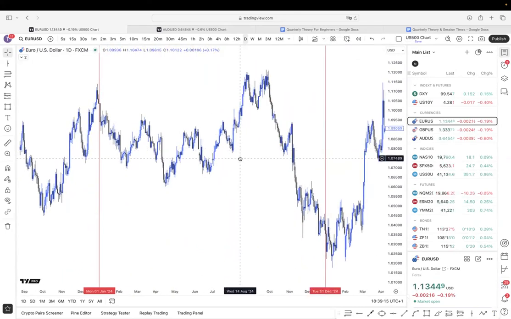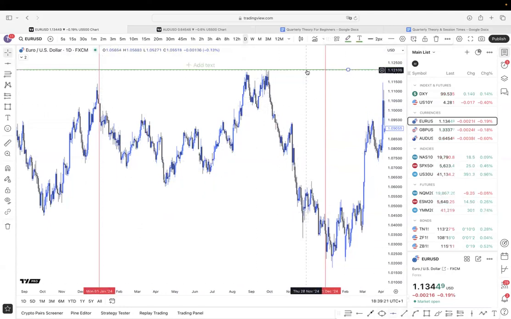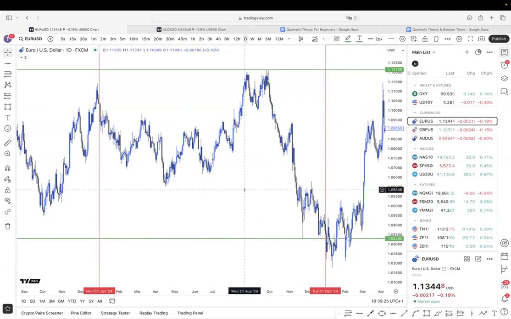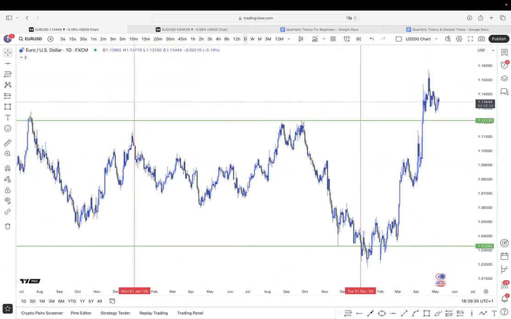So all of this price action between this high right here, all the way down to basically this low, this is 1 year's worth of data that was printed on the Euro USD in a period of 2024.